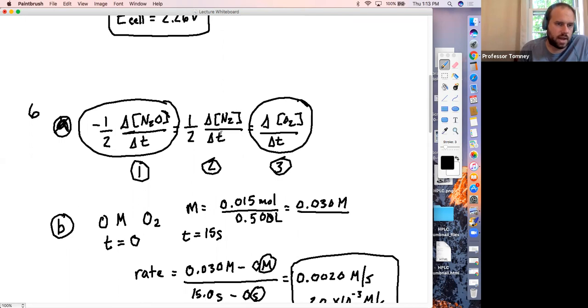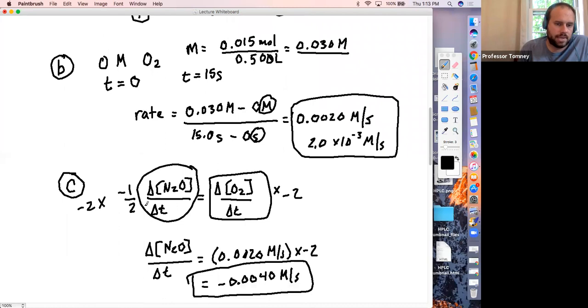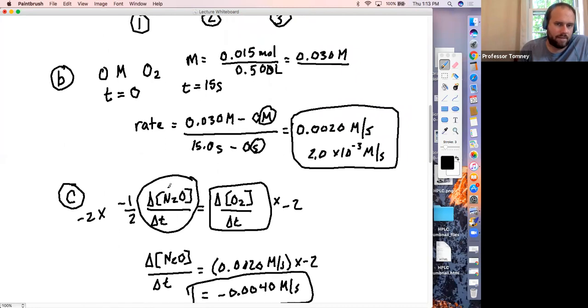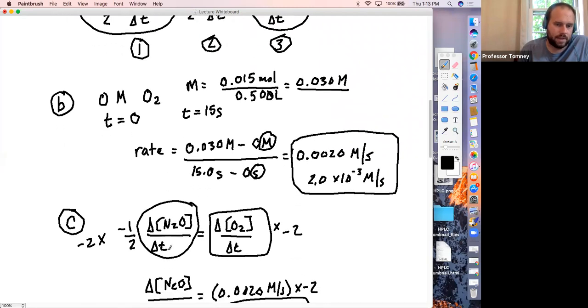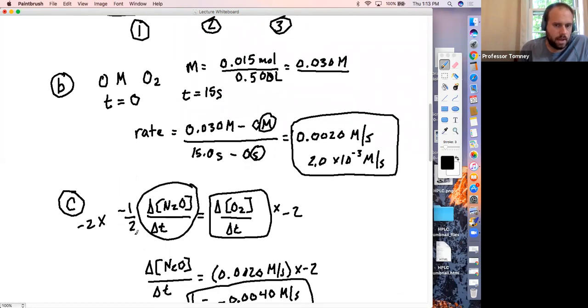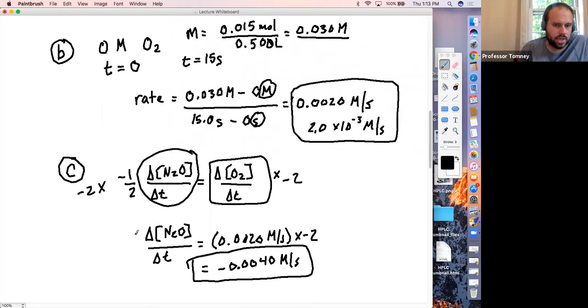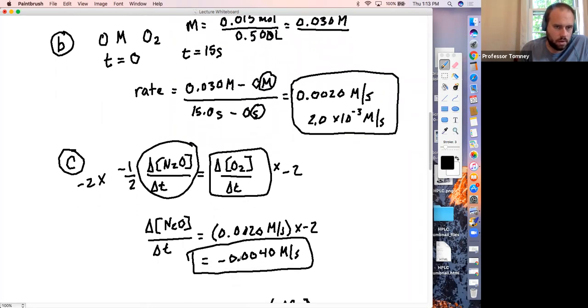Even though this question did not ask you to do that, all you would have to do is the same technique we did in C. Instead of -1/2 here, you would have a +1/2, and this would not be delta N2O over delta T. It would be delta N2 over delta T. And then you would simply multiply by a +2. And so the appearance of the nitrogen gas would be the same exact value, but it wouldn't be negative. It would be positive.